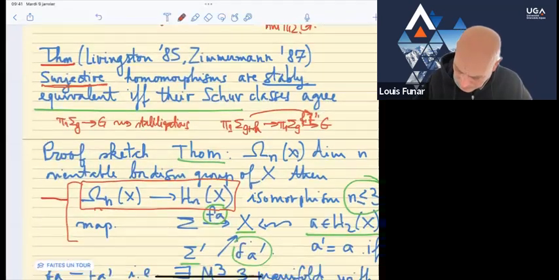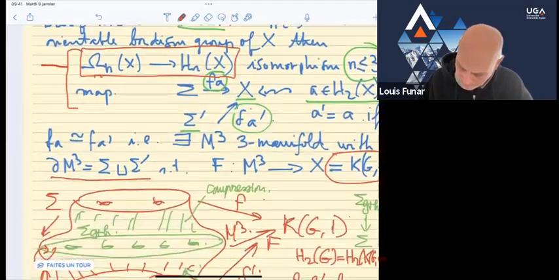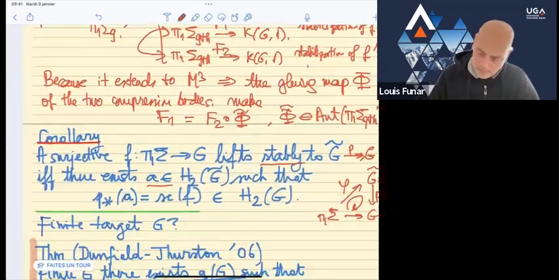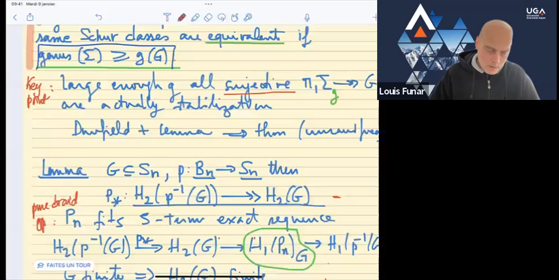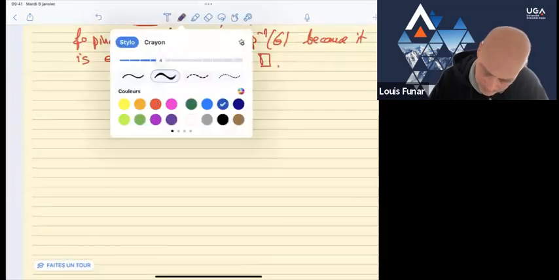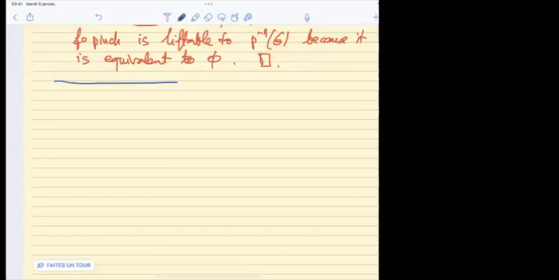Let me add here if I have time, and let me go a little bit further. If we have a ramification case, the situation is opposite. So you have a Schur class even for finite groups.